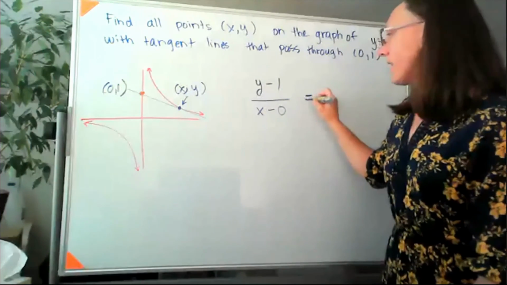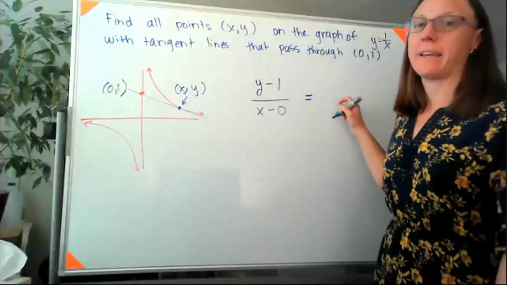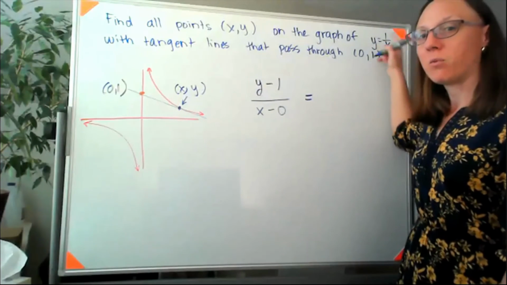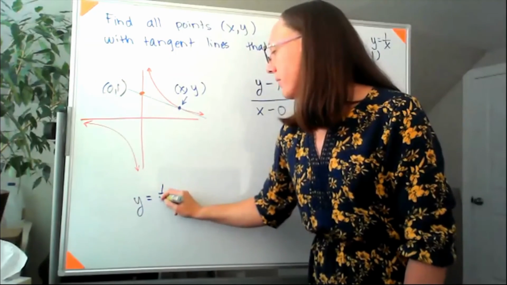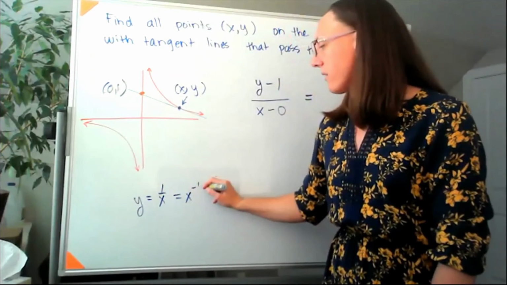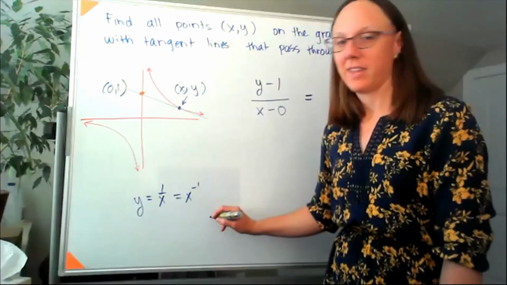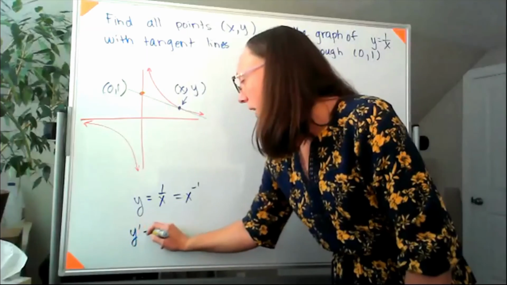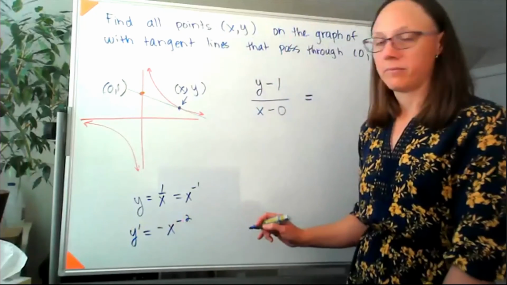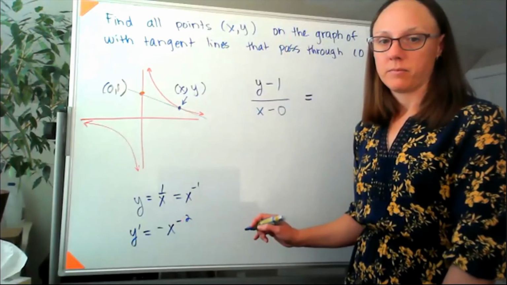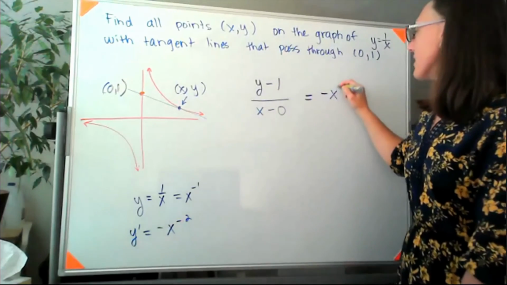Well, I'm going to set that equal to my new school slope, my calculus-y slope. If y equals 1 over x, then that's the same as x to the negative 1, which means that y prime is going to be negative x to the negative 2. So I need this thing to equal negative x to the negative 2.